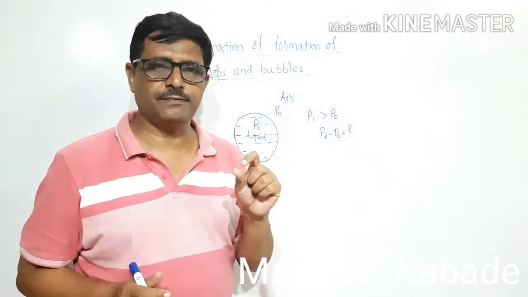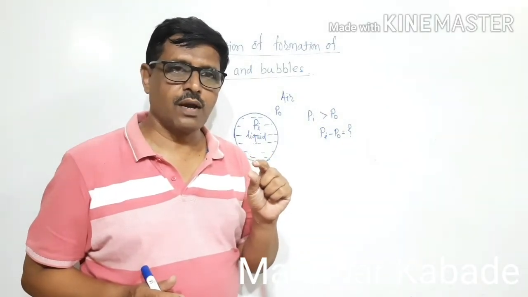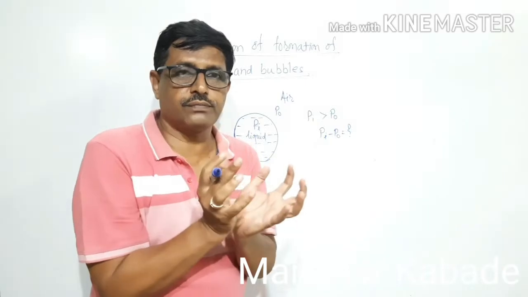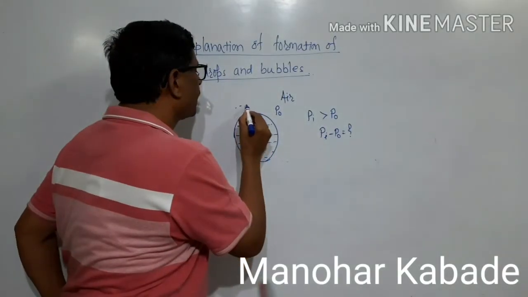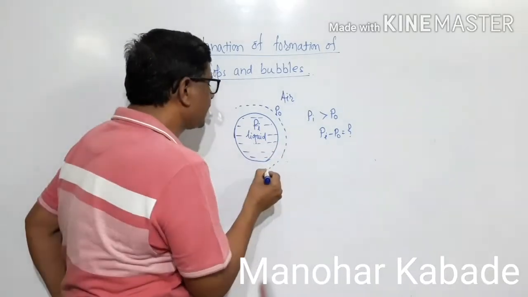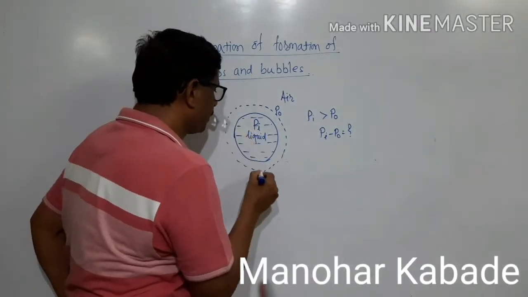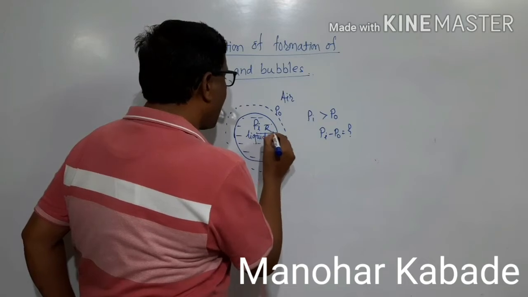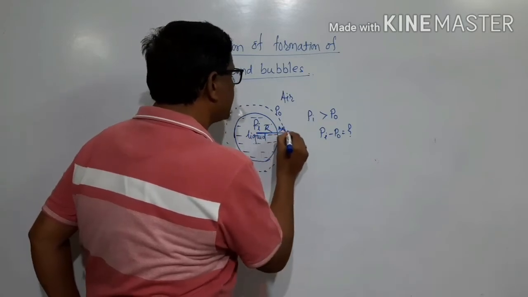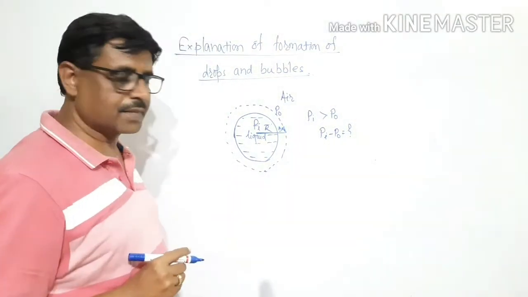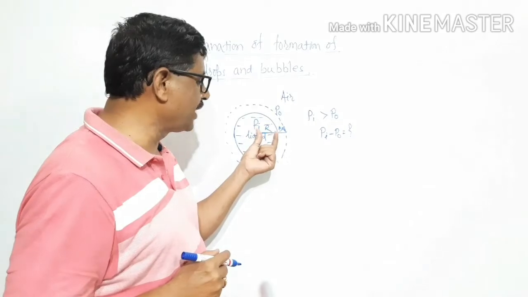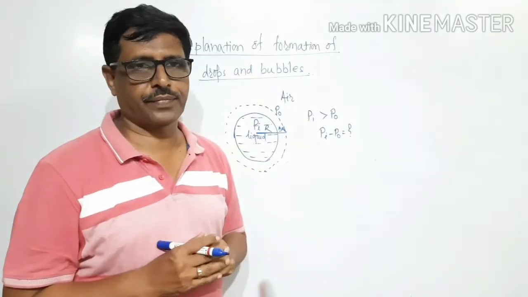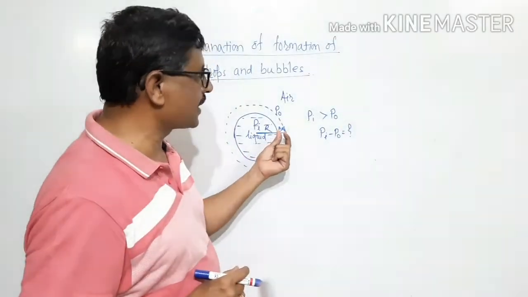Let us consider we have to increase the size of the liquid drop by increasing its radius from R to R plus delta R. The initial radius of the spherical drop is capital R, and the increase in the radius is delta R.